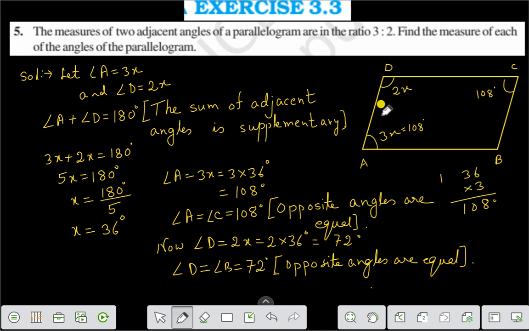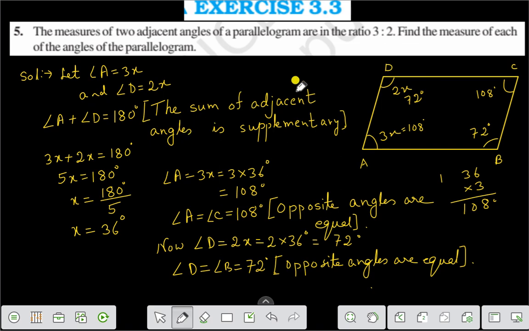And angle D is 2x, that is 72 degrees, and the same as angle B because opposite angles are equal. That means angle B is 72 degrees. Angle A is 108 degrees, angle C is also 108 degrees, angle B is 72 degrees, and angle D is also 72 degrees. Right? We found the measures of each of the angles of the parallelogram.